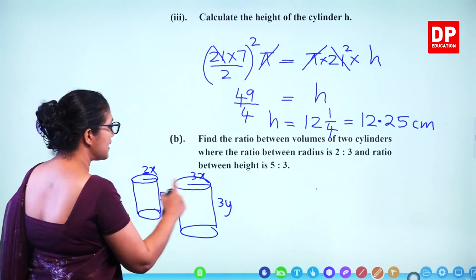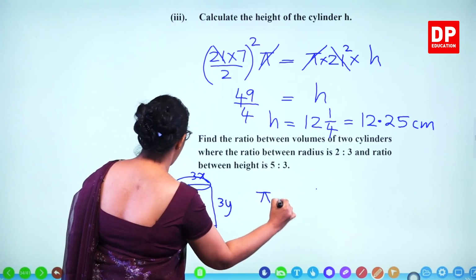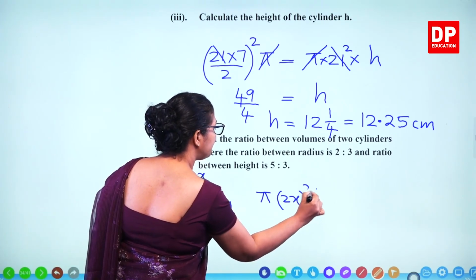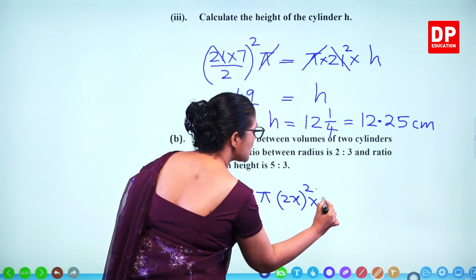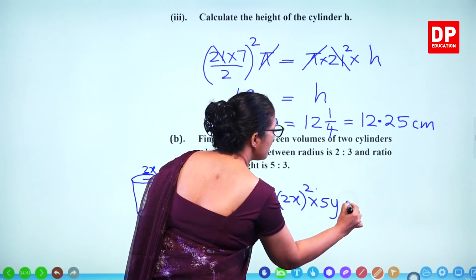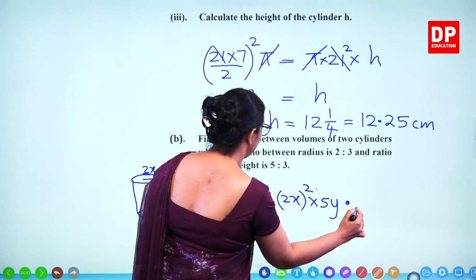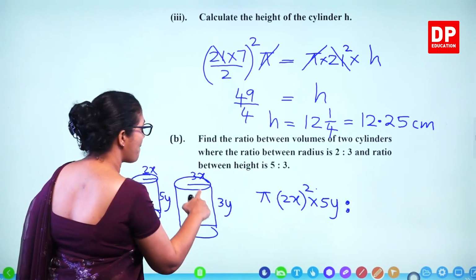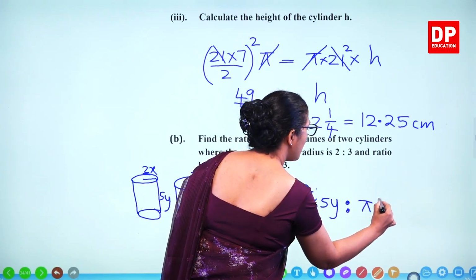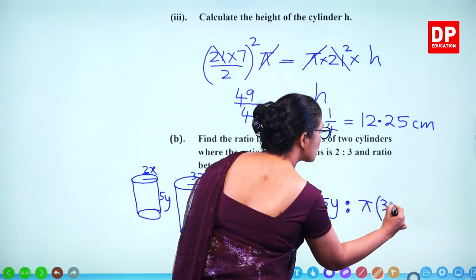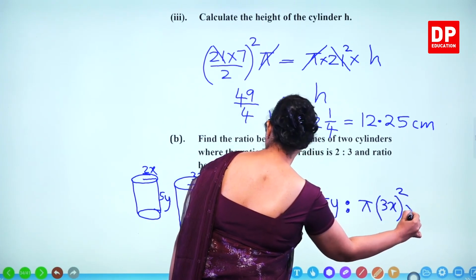So volume of this cylinder, pi r squared h, is 5y. And what about the other one? Pi r squared, that's 3x whole thing squared into 3y.